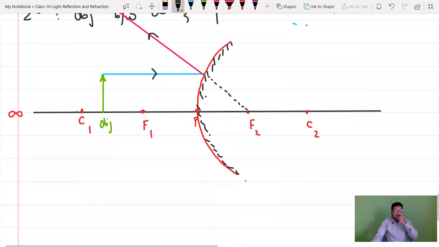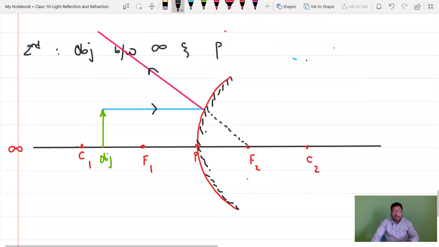Okay, second light ray. Guys, second light ray, if you want, you can pass through pole. If you want, you can pass through center of curvature. Both will be correct. Both are correct. So now try to pass through pole P. Pass through pole P like this.